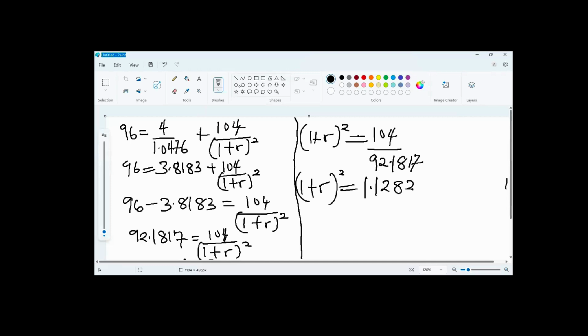Now, if I take this power of 2 across, it becomes square root. 1 plus r is equal to the square root of 1.1282. Please find the square root. 1.0622. So 1 plus r is equal to 1.0622.